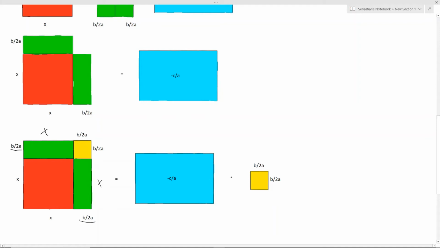And algebraically, what this looks like is we're going to have x squared plus 2 times b over 2a times x. And then now we're adding this b over 2a squared.